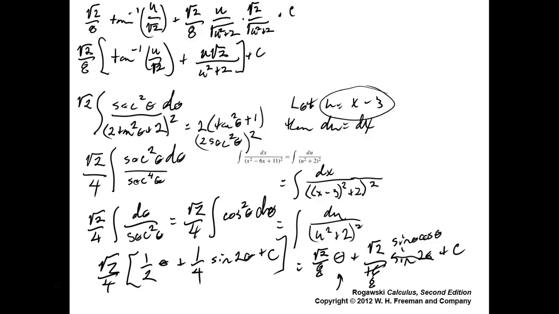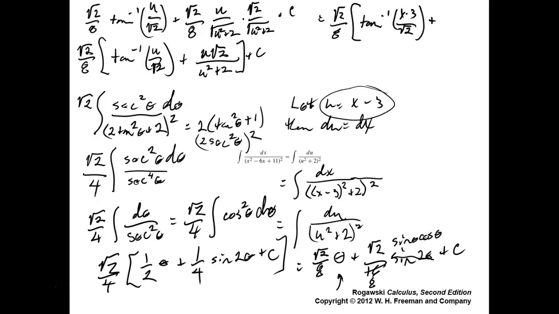All right. So this will be the square root of 2 over 8 times the inverse tangent of, instead of u, we'll do x minus 3 over root 2, plus the u is x minus 3 times root 2, so let's do the root 2 times x minus 3.